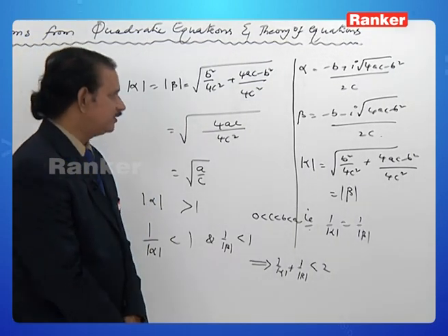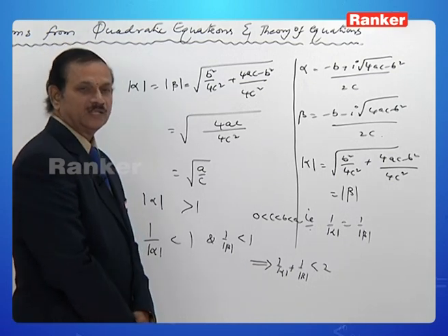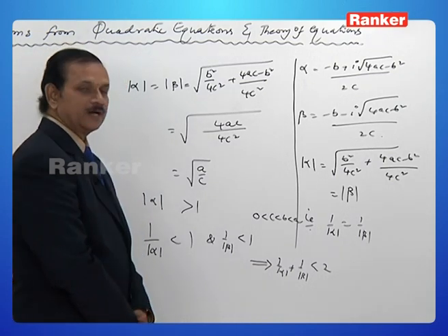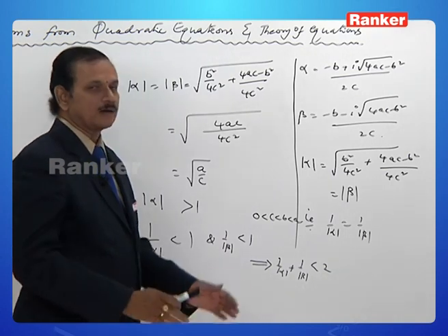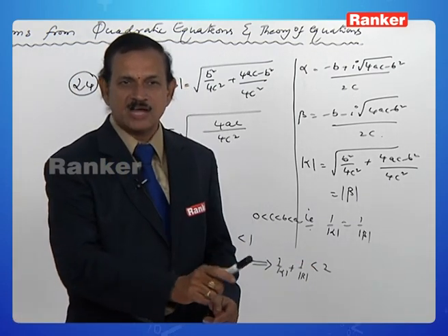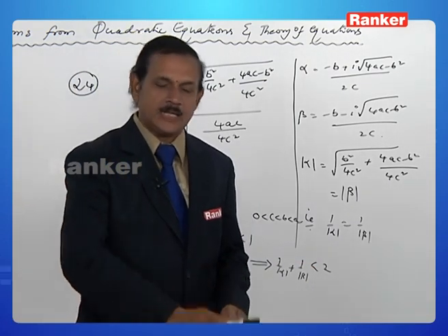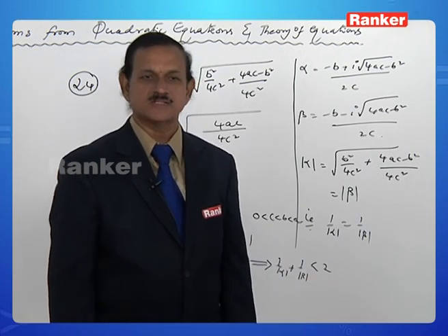Here, the main thing utilized to solve this is that alpha and beta are imaginary roots, meaning they are complex conjugates. If you name one root, say alpha, as some z, automatically the other root beta will be z bar, where z bar is the complex conjugate of z.